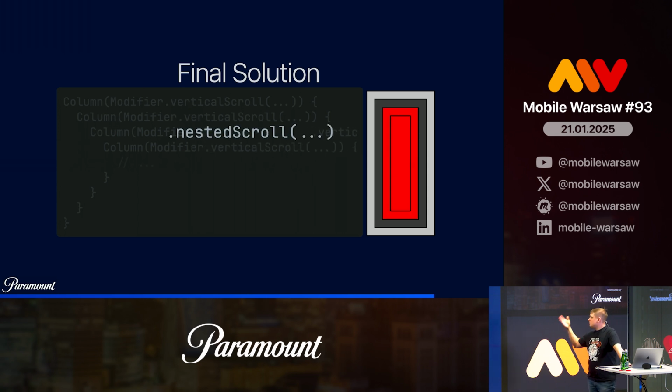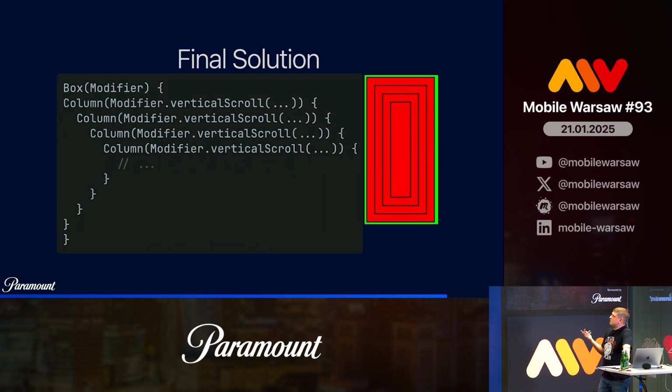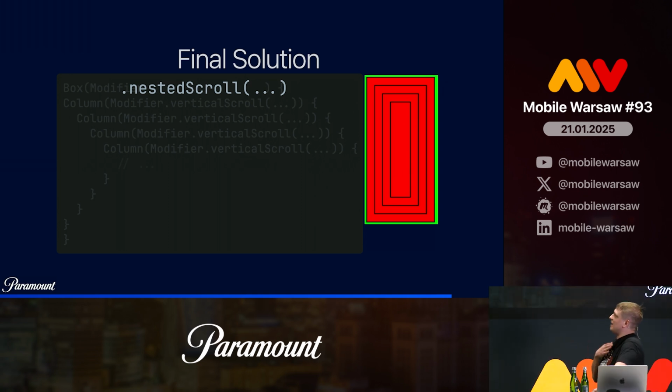If we move it higher, we're going to get more and more information. Something maybe interesting is that if there is something that is not scrollable above our scrollables, it may also get information about scrolls happening in its children.